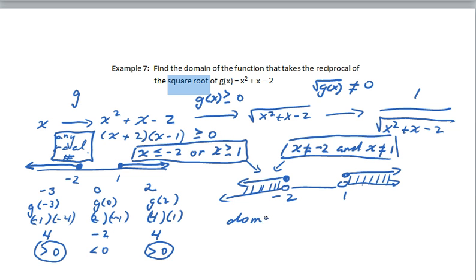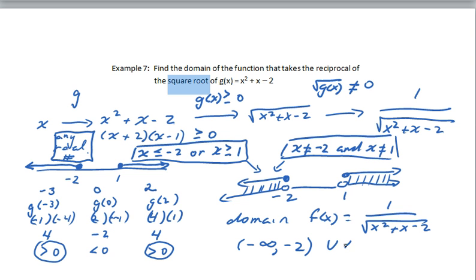So the domain of f of x equals 1 over the square root of x squared plus x minus 2 is equal to the union of the interval negative infinity to negative 2 and the interval from 1 to infinity, not including either one.